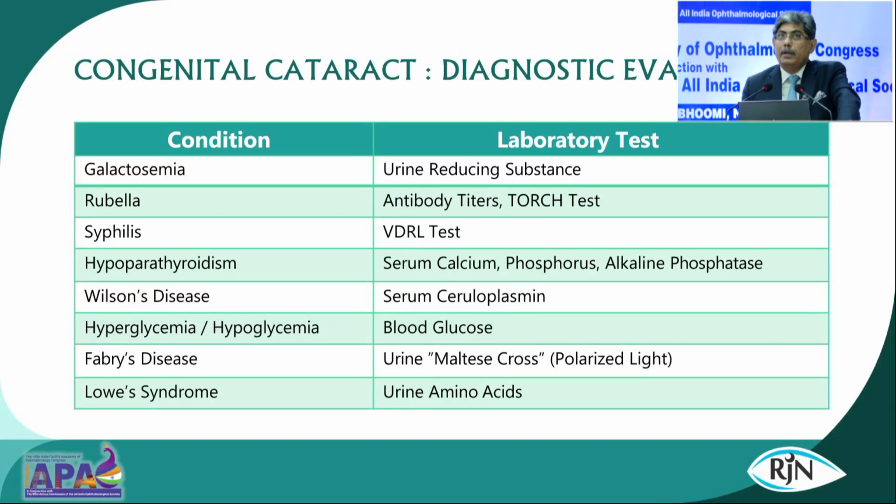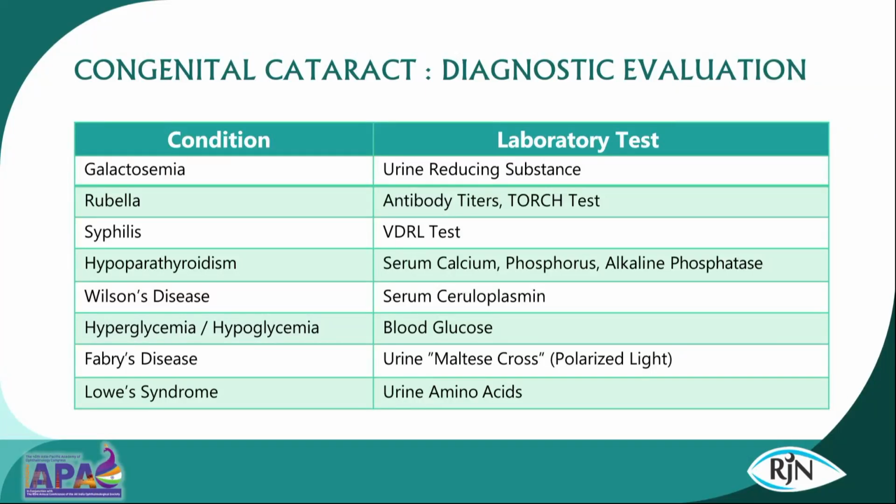But coming to IOL power calculation, it is the most difficult part in pediatric eyes, because they are not miniaturized adult eyes. The pediatric eyes are different because the cornea is steep and the lens has high power at birth, about 34.4 diopters at birth, and it reduces to 18.8 diopters at maturity after 6 to 8 years.